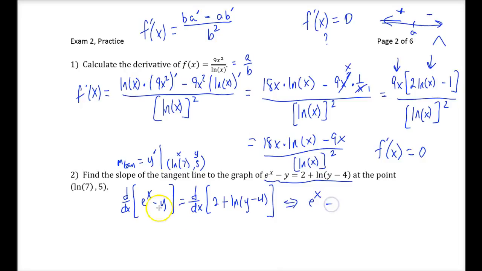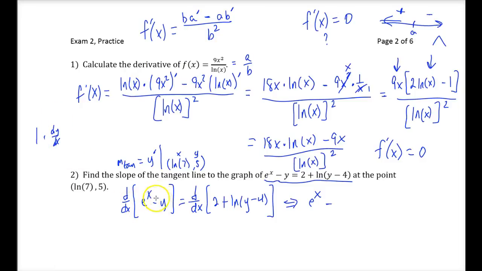and then minus. We know that here the derivative of y with respect to x, we would have to use the chain rule. And if we did this the long way, we would say the derivative of y with respect to y is just 1 times the derivative of y with respect to x would just be dy over dx.